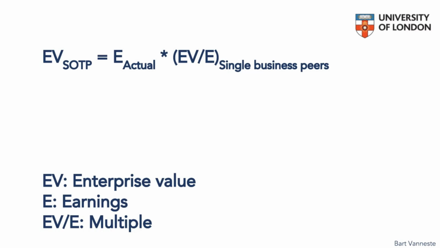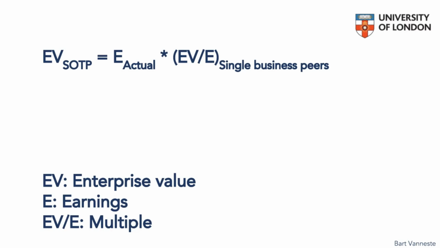For each business of our multi-business firm, we used multiples of single business peers. That is enterprise value over earnings multiples. Then we took the actual earnings of our own business and multiplied these to get enterprise value. We repeated these steps for each of our businesses.